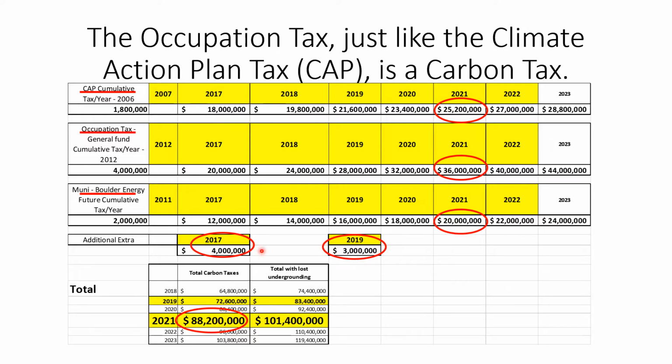Note that in 2017, we added $4 million to the Muni cost. In 2019, we added $3 million to the Muni cost. So all of these carbon taxes combined here in 2021 amount to about $88.2 million. And remember, about half of that was not used for carbon reduction in any way.